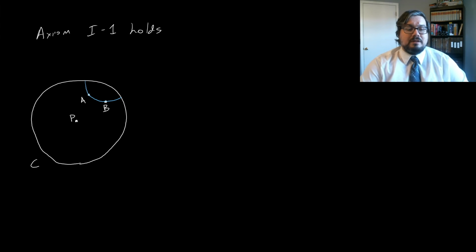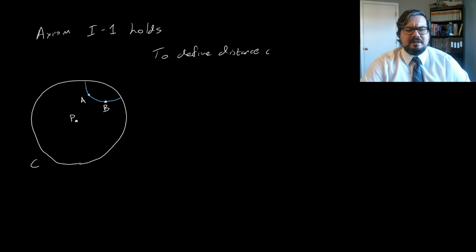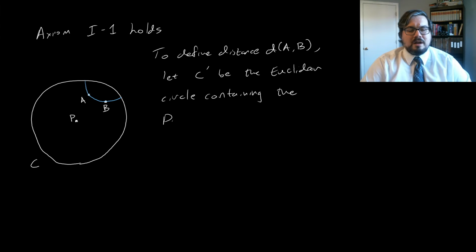So to do that, we're going to use this line that contains the points A and B. To define the distance d between 2 points A and B, let C prime be the circle, the Euclidean circle, I should say, containing the Poincaré line containing A and B.